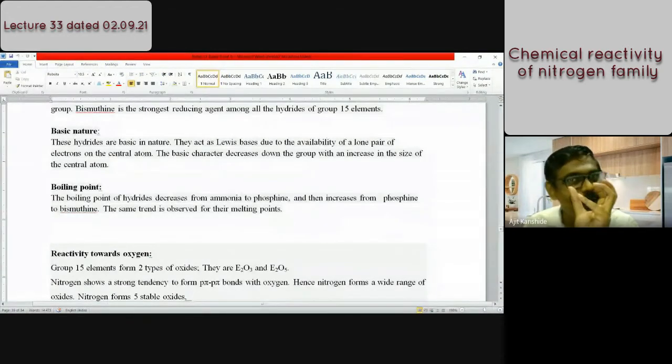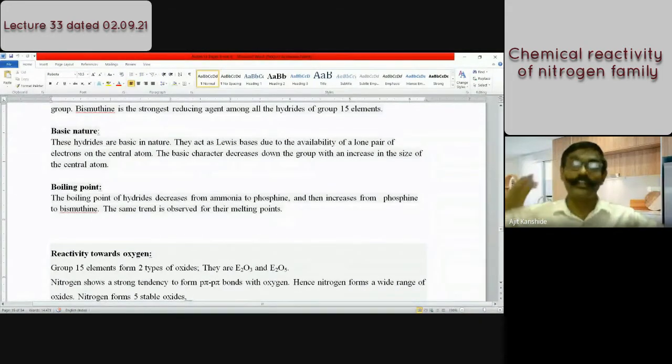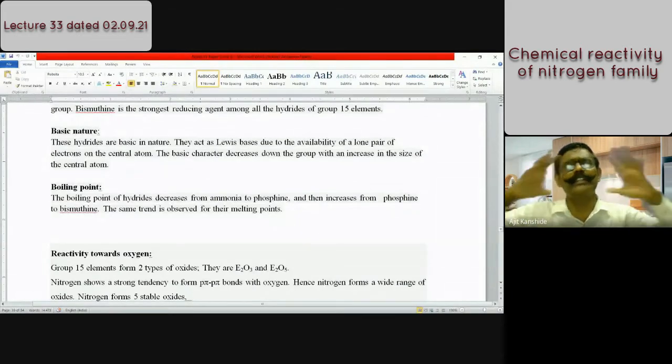What happens here? Nitrogen is small and has one lone pair. Similarly, bismuth is large and has one lone pair. The bond pairs that are there will repel it. Repulsion is more in the case of nitrogen. So the tendency of nitrogen in ammonia to give the lone pair is more than that of bismuthine, because bismuthine has a larger size and the hydrogens are considerably separate.